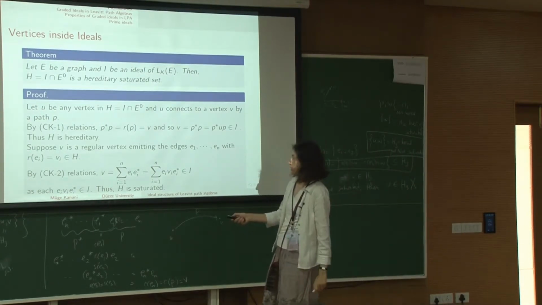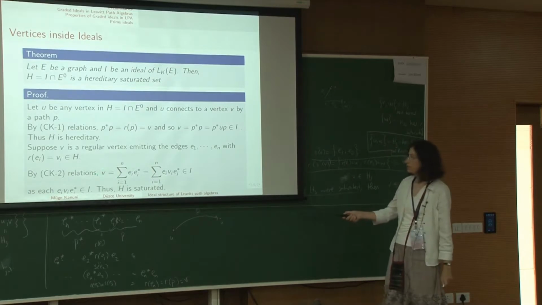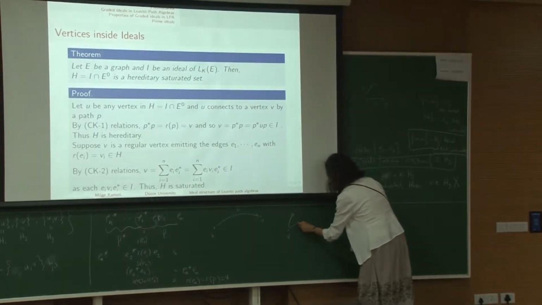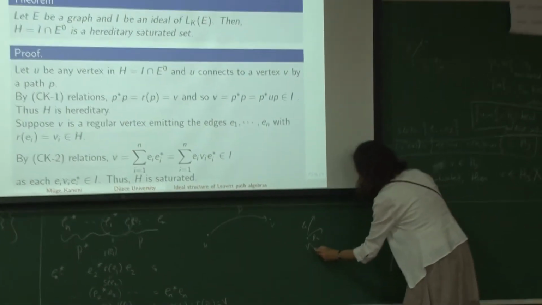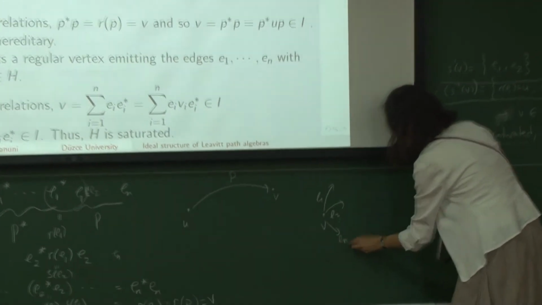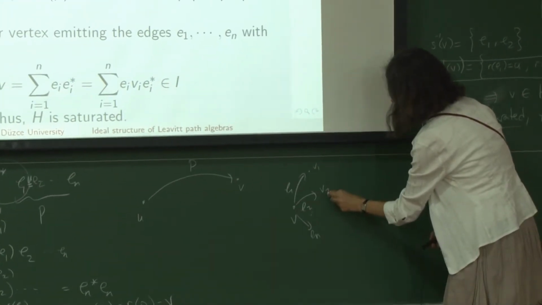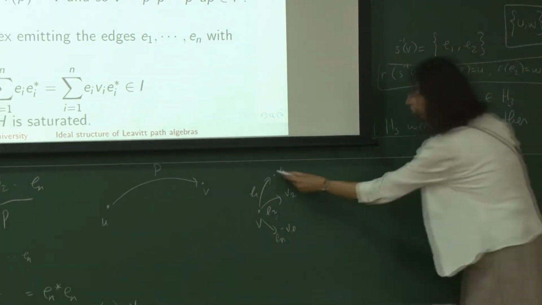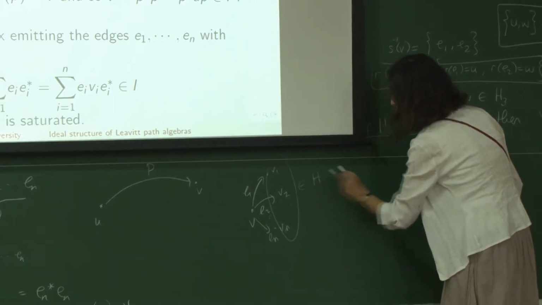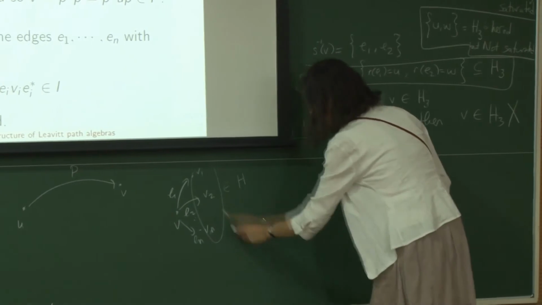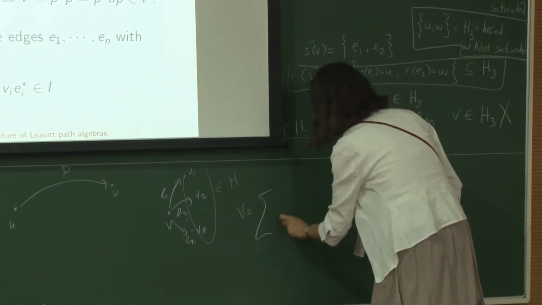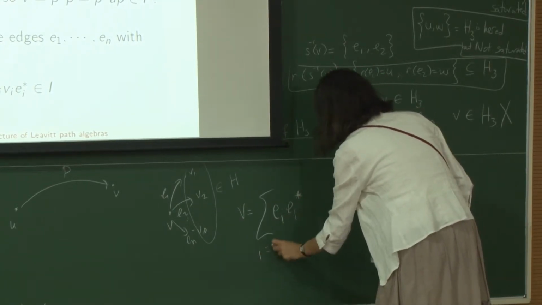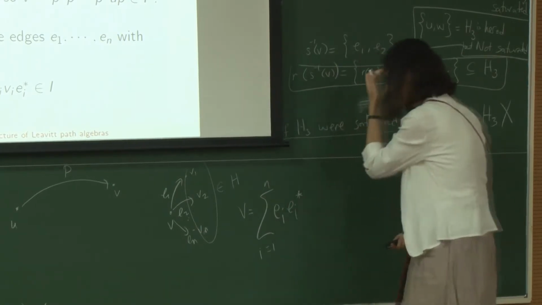But CK2 saves our life. That's exactly the second relation, because V is equal to, here you have V, and then this guy emits n edges, V1 and so on, and all of these are in H. So V by the CK2 relation is exactly the sum of E_i E_i star, where i goes from 1 up to n.